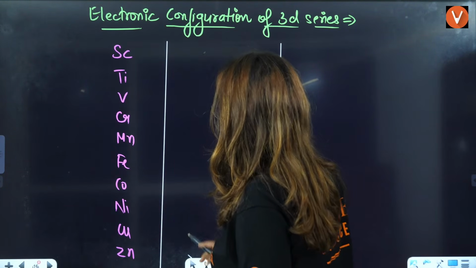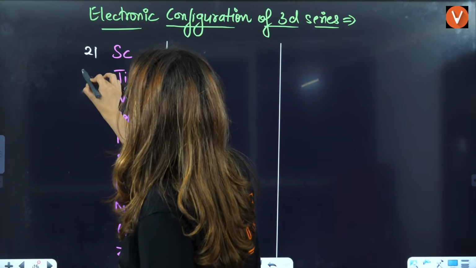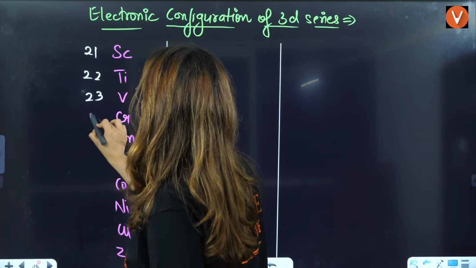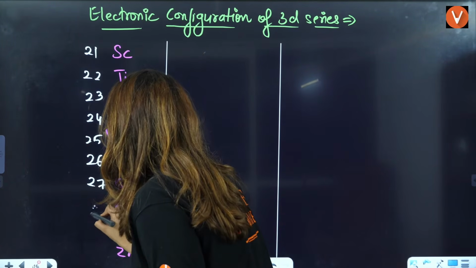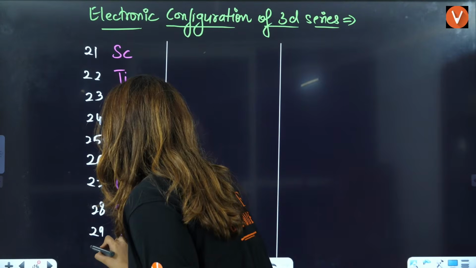What you have to do is write 21, 22, 23, 24, 25, 26, 27, 28, 29, 30.